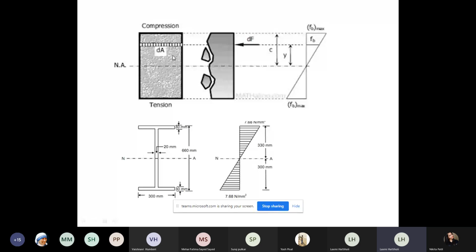Looking at this, can you tell me which section proves to be economical? Rectangular section or I section? Which is economical?